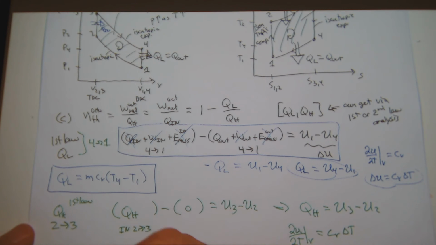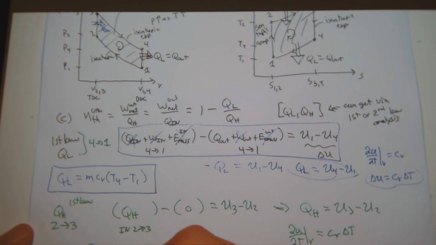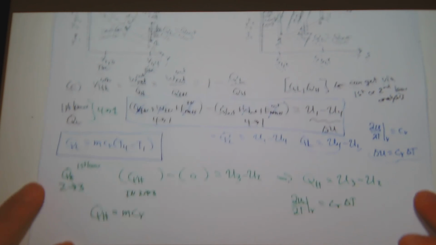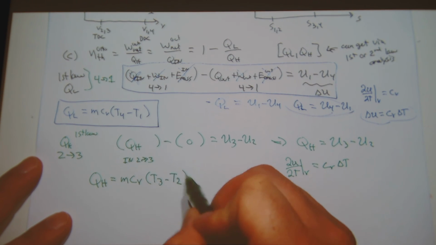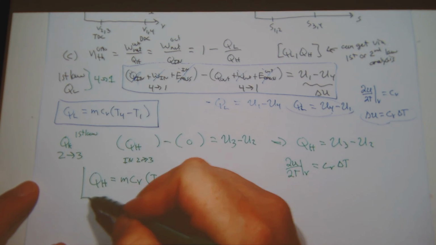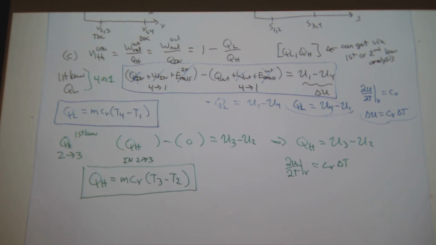So I end up getting QH is equal to mass times the specific heat at constant volume, T3 minus T2. So I did first law analysis between the two states, energy balance between the two states to determine my heat in, my heat out.